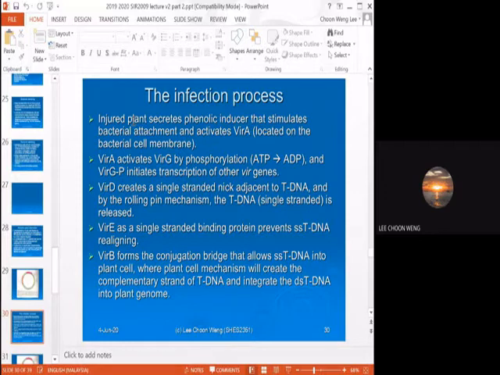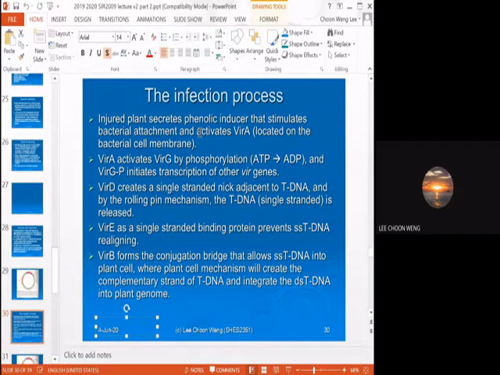Okay, so the injured plant secretes a phenolic inducer. This is not a normal process that is carried out by plants.